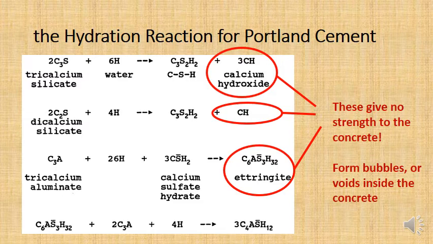So 30 water molecules in total. Now, what's going to happen if there aren't 30 water molecules? Well, the tricalcium aluminate is going to stay as tricalcium aluminate, or it might only get as far as ettringite. Both of these have no strength of their own. You've seen cement before when it's dry. It's just powder. It doesn't offer any strength.